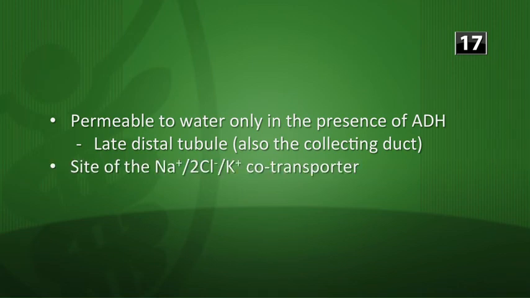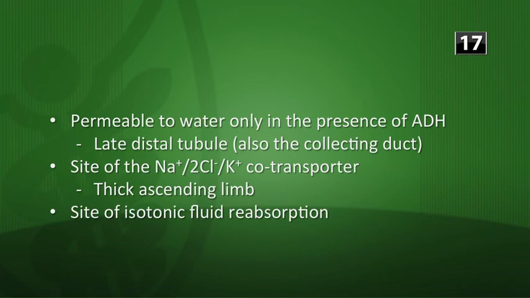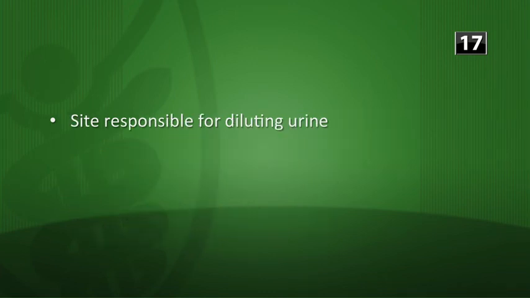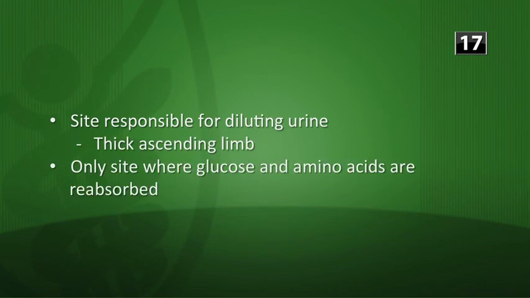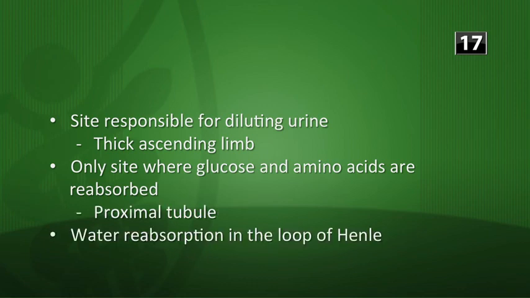The site of the sodium chloride potassium cotransporter is the thick ascending limb. The site of isotonic fluid reabsorption is the proximal tubule. The site responsible for diluting urine is the thick ascending limb. The only site where glucose and amino acids are reabsorbed is the proximal tubule. And then water reabsorption in the loop of Henle takes place in the thin descending limb.